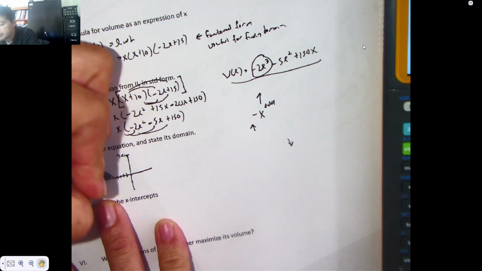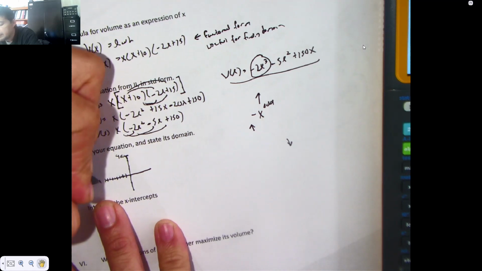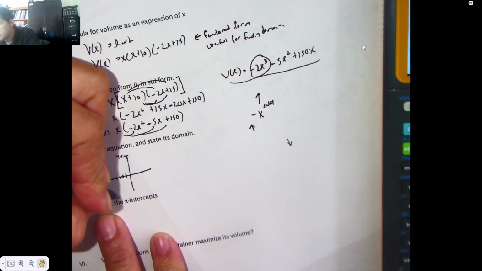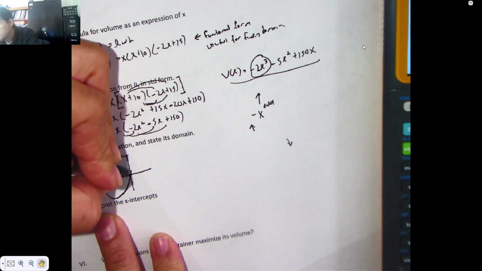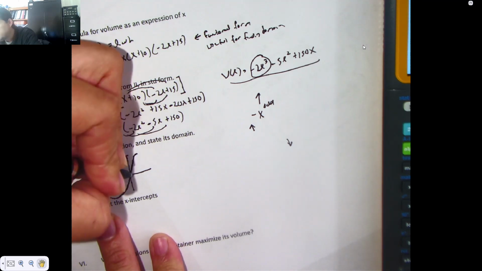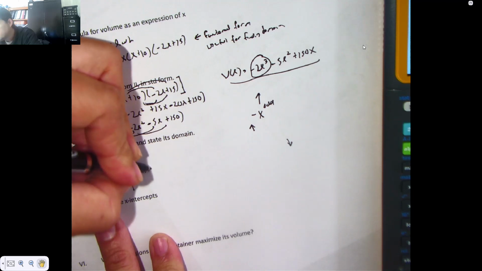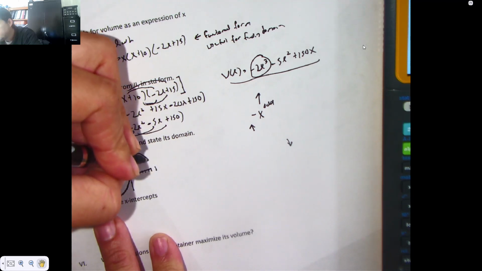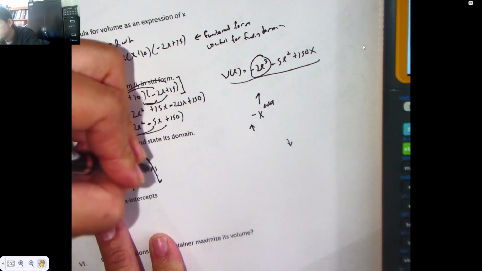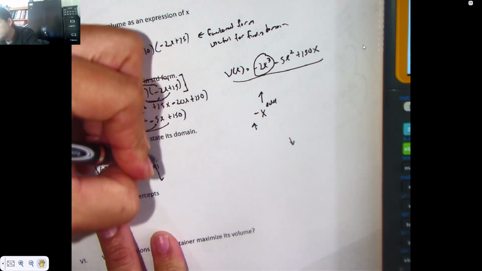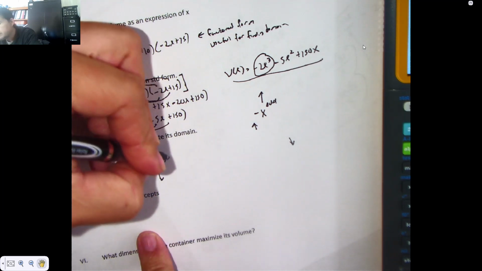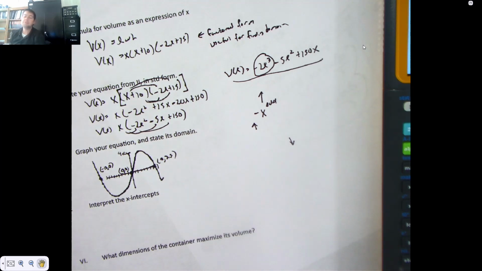She starts high, crosses at -10, does some stuff, comes back up, hits 0, rises to almost 400, and then falls and crosses the x-axis at 7.5. So this was -10, 0, and this was 0, 7.5. That's what your graph looks like.